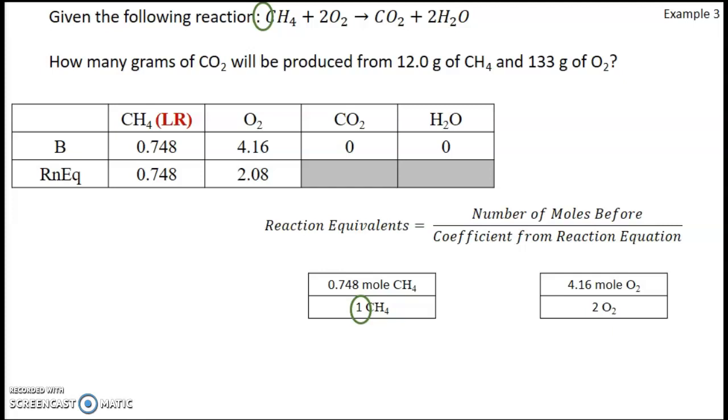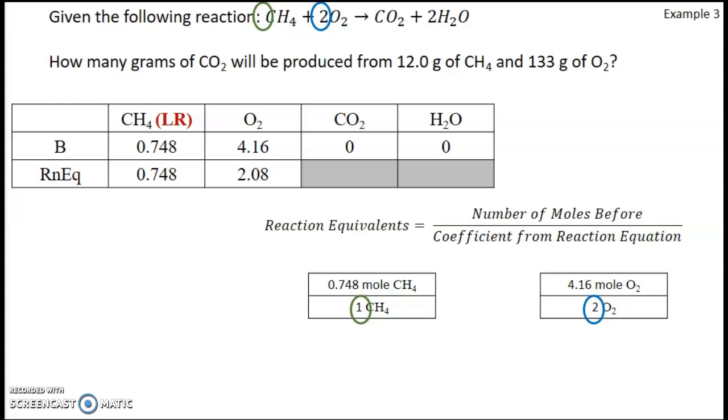We're going to take our 4.16 moles of oxygen and divide that by the coefficient for oxygen, which was 2. So that would be 2.08. In this case, CH4 is our limiting reactant because it has the smallest number of reaction equivalents, which means that we're going to run out of CH4 before we run out of oxygen.